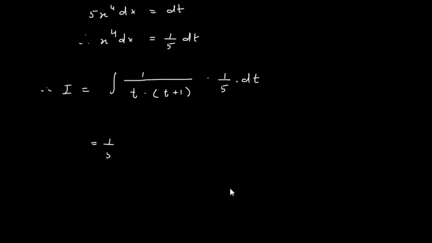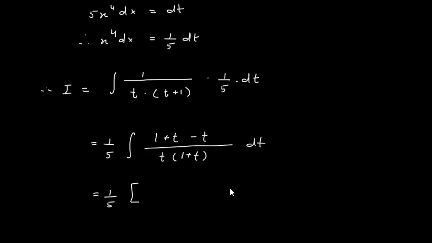Now this again we can solve by partial fraction. You can use partial fraction, or you can add and subtract t, by that also you can solve this. So here it is (1 plus t minus t) divided by t into (t plus 1) into dt. So this is 1 divided by 5.